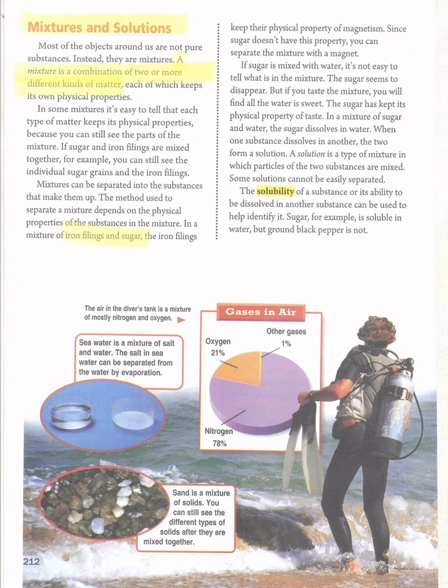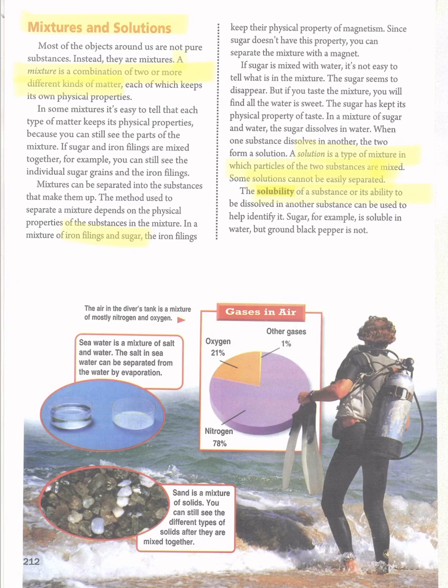It means a solution is what? A solution is a type of mixture in which particles of two substances are mixed, and solutions cannot be separated easily. Hope you get it. What about solubility?